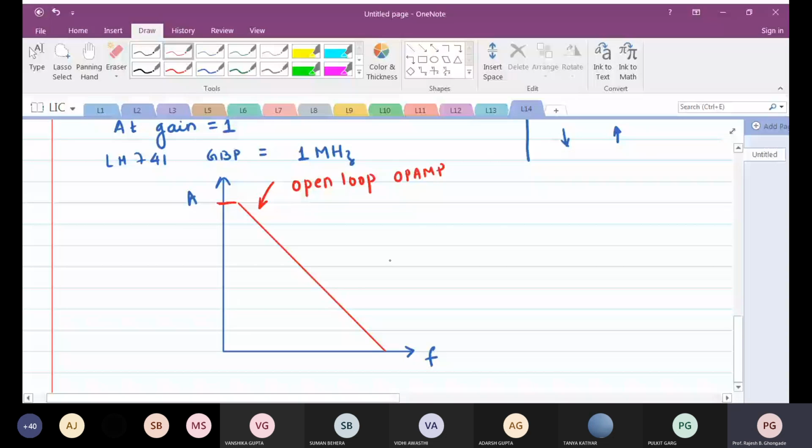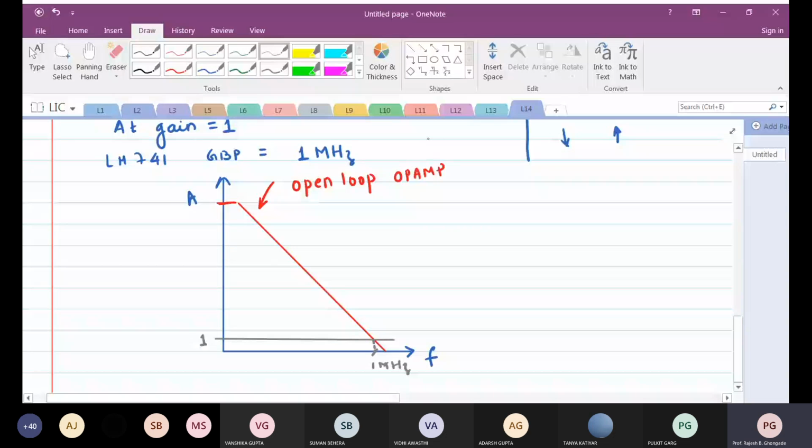But gain bandwidth product is a parameter which is specified at a gain equal to 1, unity gain. So if I mark this as gain equal to 1, whatever is the bandwidth, this is 1 megahertz for the operational amplifier.